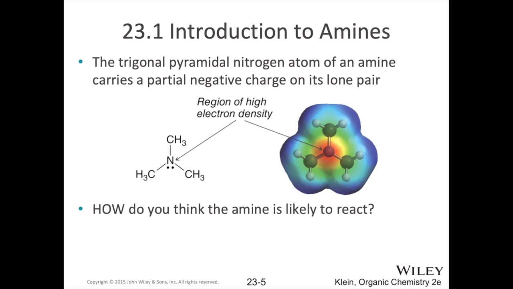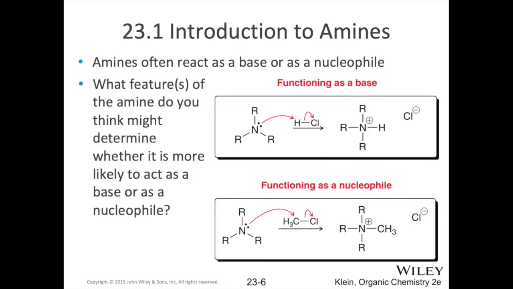So your nitrogen is generally an area of high electron density, and that's where a lot of the chemistry happens, I guess. So that lone pair on your nitrogen will act either as a nucleophile or as a base, either to do a nucleophilic attack or to pluck away a proton, form a nitrogen-hydrogen bond, and make an ammonium ion. Right. So again, it depends on the situation.